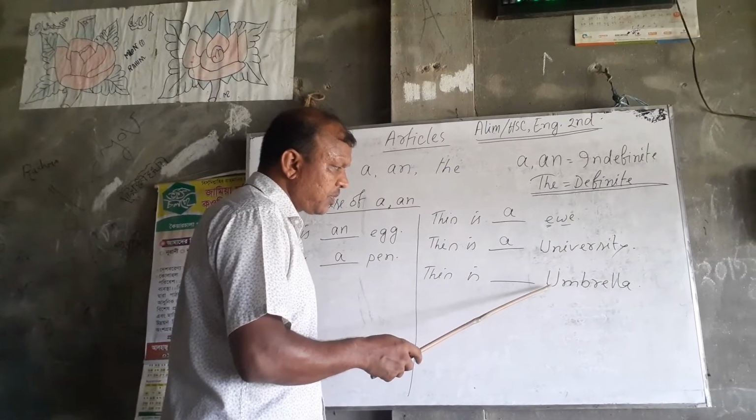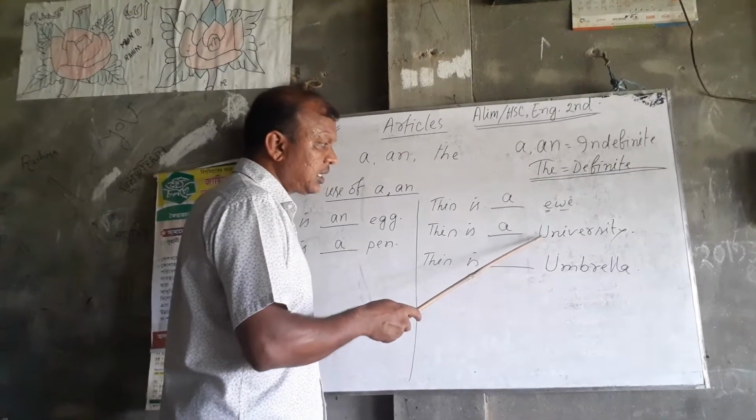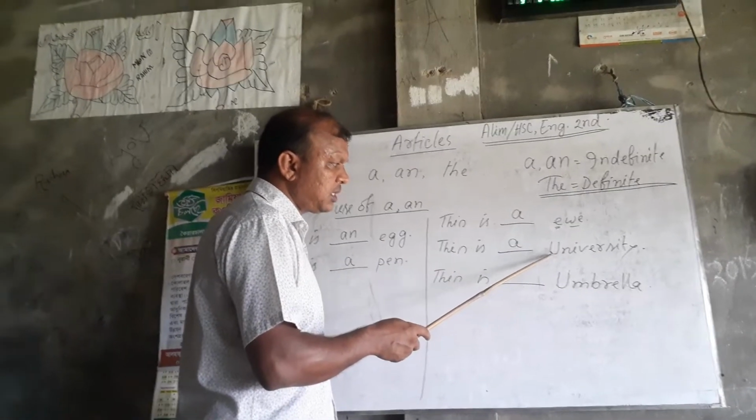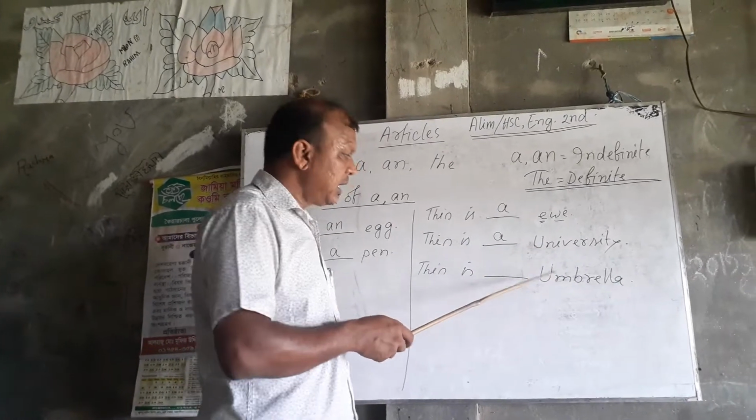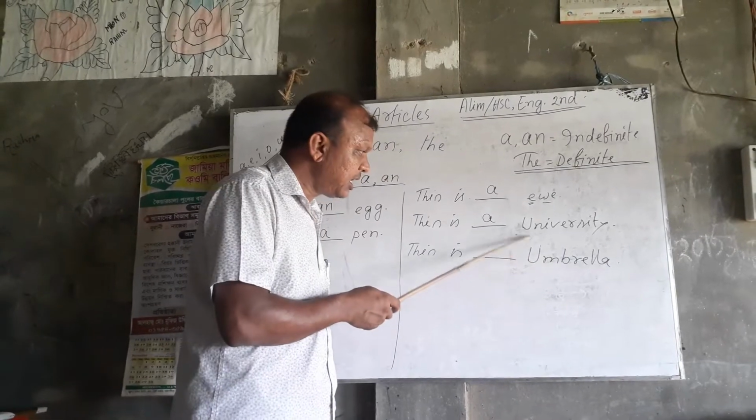This is also U, but the pronunciation of this letter is "you" in university, and the pronunciation of this letter is "uh" in umbrella.